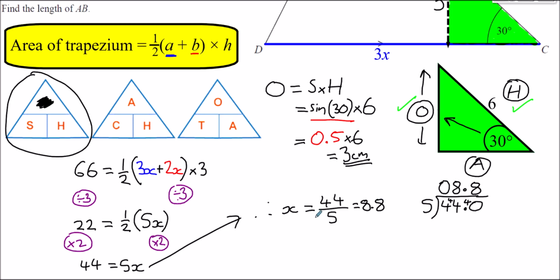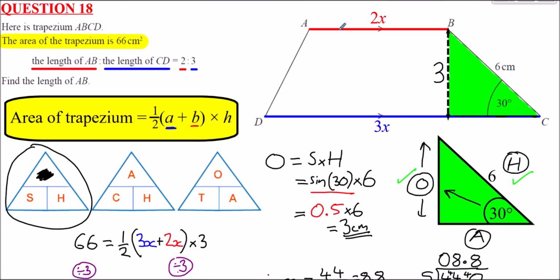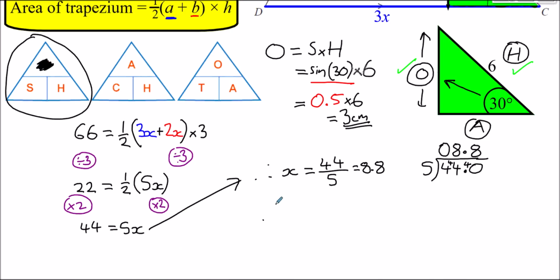But because we want to work out what AB is, if I just scroll up to remind us, AB is actually 2x. So finally, therefore AB, which equals 2x's, is 8.8 times by 2, because it's 2 lots of that. Do this whichever way you want.